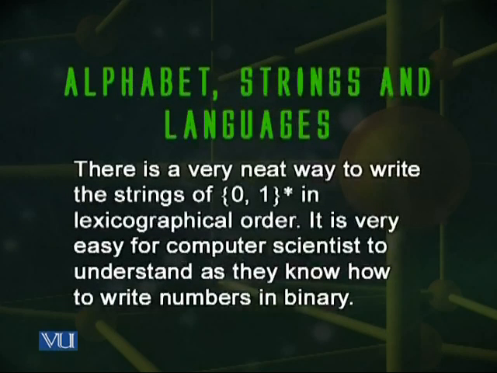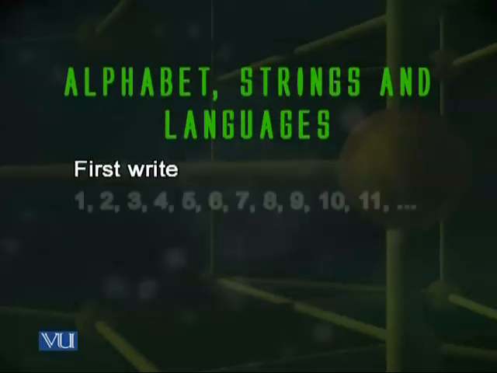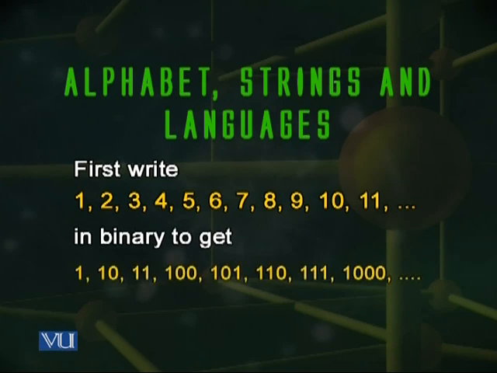There is a very nice and simple way to get the lexicographical ordering. It's very neat, and it's very easy for computer scientists to understand as they know how to write numbers in binary. Let us first write down all the integers that we know of, 1, 2, 3, 4, 5, 6, and then convert them into binary, and we get this sequence of strings: 1, 10, 11, 100, 101, 110, and so on.